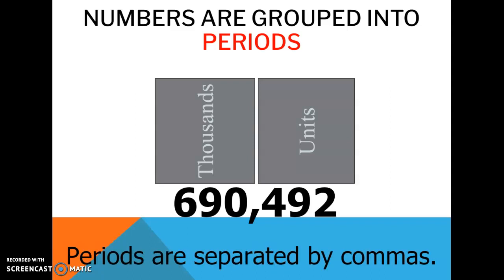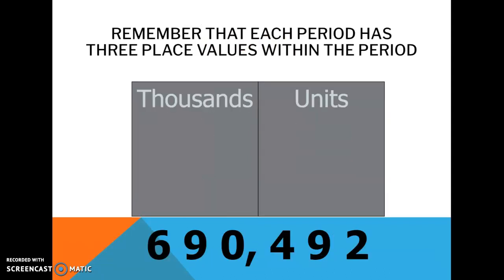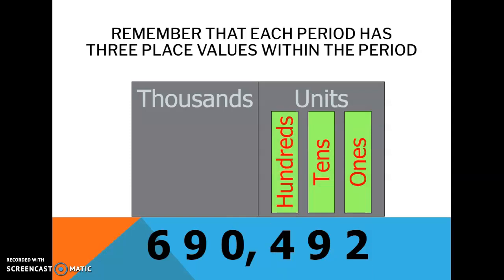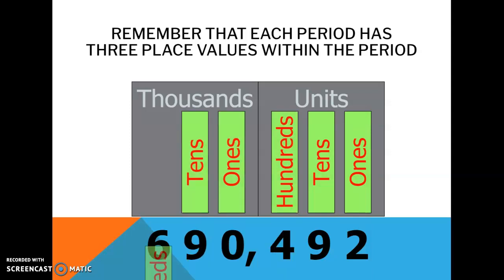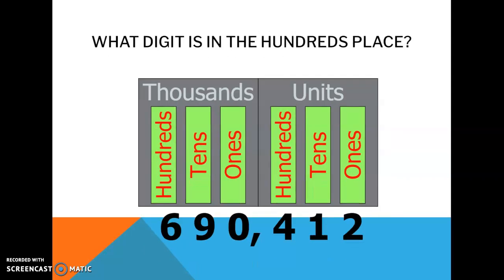Periods are separated by commas. Remember that each period has three place values within the period. Ones, tens, and hundreds make up our units. Ones, tens, hundreds make up our thousands. Do you see a pattern?